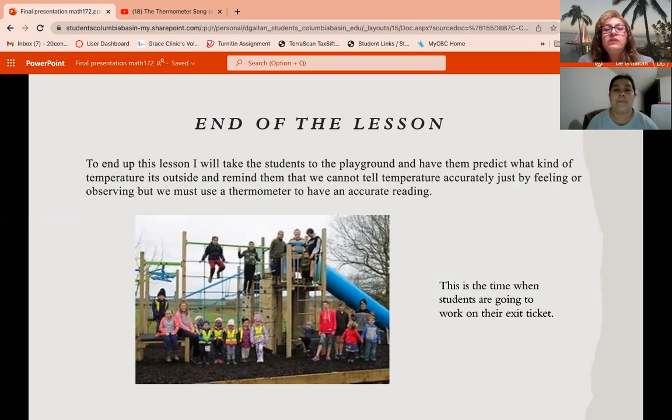Mrs. Espinosa, did you want to remind them why we're going outside? Remember that we cannot tell temperature accurately just by feeling or observing, but we must use a thermometer to have an accurate reading. Okay, we will be back.